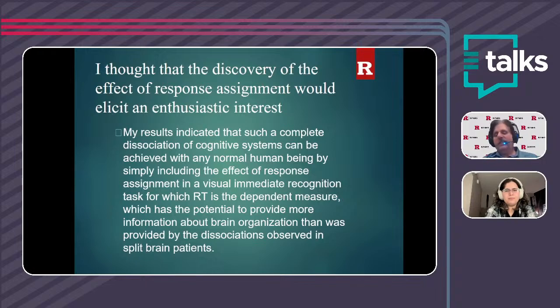Since you could do it with anyone, and you could do a lot more experiments adapting my basic methodology, we really had the opportunity to learn a lot more about how different systems of the brain function, because we now could isolate one system or the other and precisely see what it was doing. So I thought my colleagues would find this very interesting, and they'd publish it, and people would talk about it.